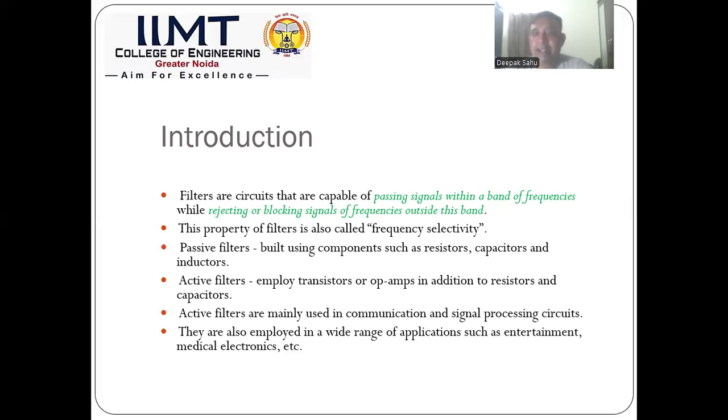In that, active filters remove these issues because op-amps incorporate an open loop gain. So if we connect components and op-amps in a certain fashion, they give frequency selection and bandwidth, and also whatever attenuation was occurring due to the system, they help to improve and maintain signal amplitude levels.